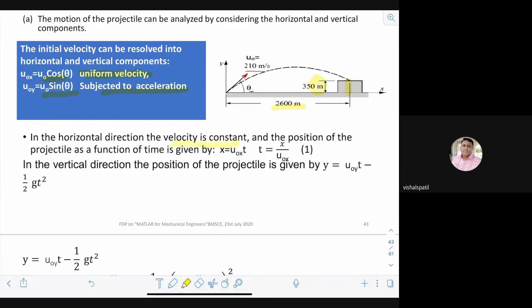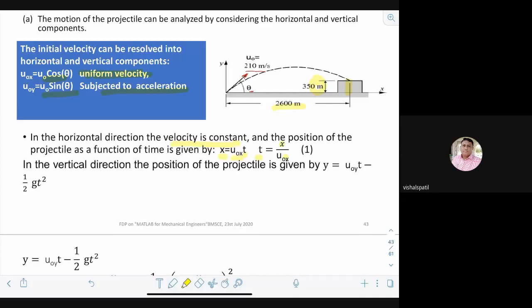And you know the distance traveled x is equal to the horizontal component of the velocity into time taken. Therefore, time taken t is nothing but distance traveled by velocity. That velocity in x direction is constant. So you have an expression for t to reach that distance x.